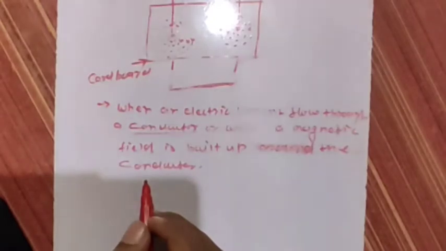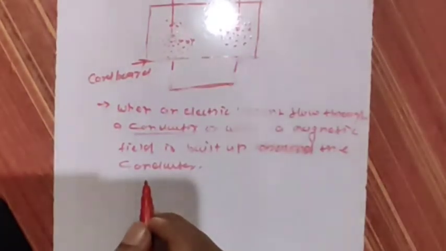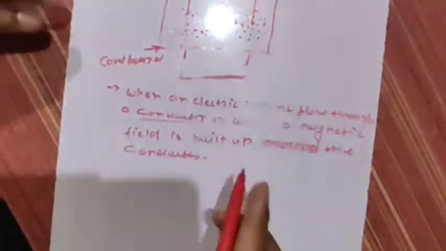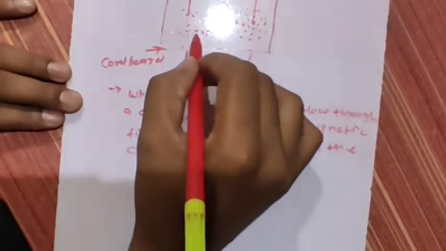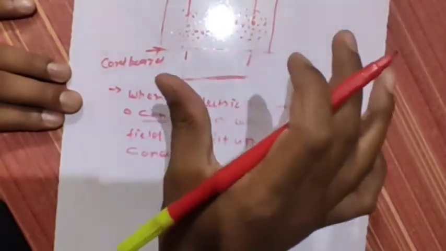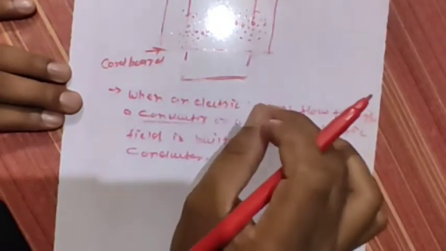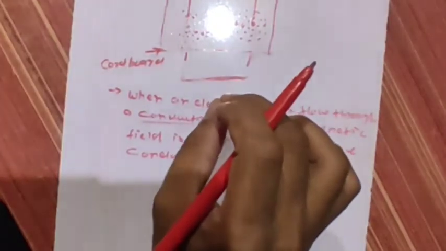Next, the magnetic flux created across a conductor has a particular direction. So how do we decide it?